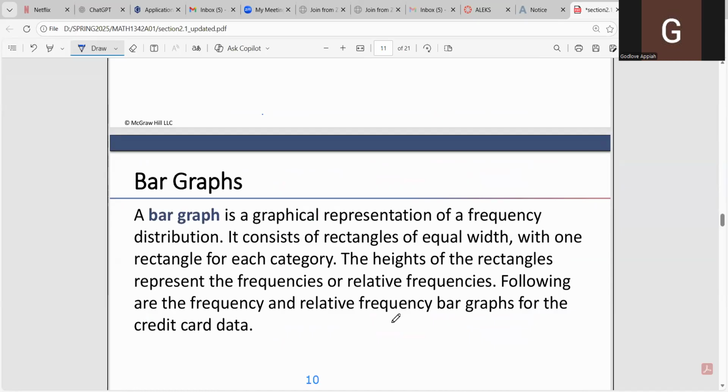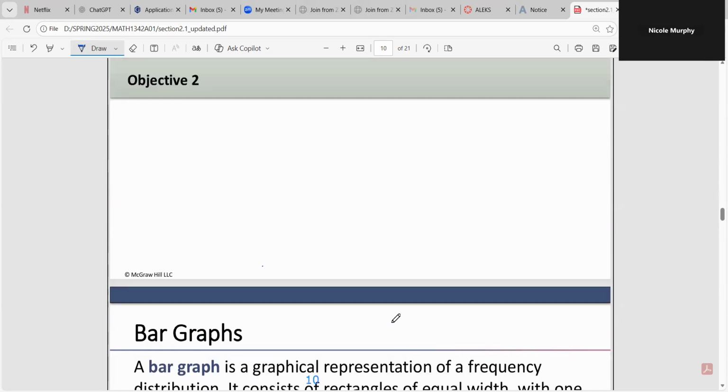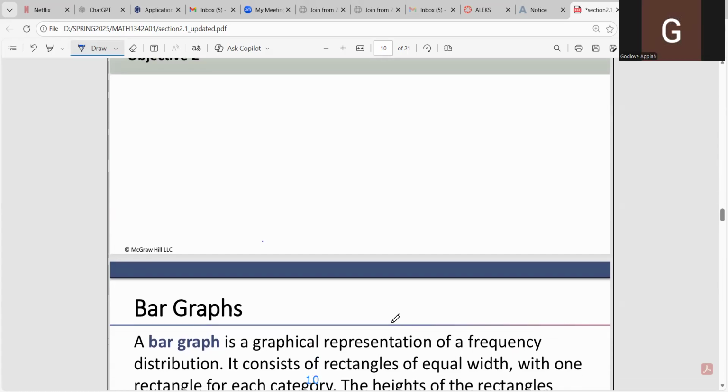Every rectangle in the bar graph would represent one category in the data set. And the heights of these rectangles represent either the frequencies or the relative frequencies for each category in the data. All right? So with this information, let's see if we can construct a bar graph. Sorry, is there a question?